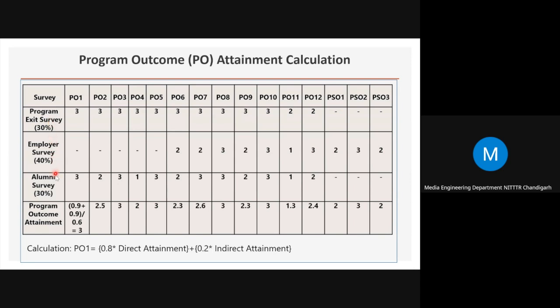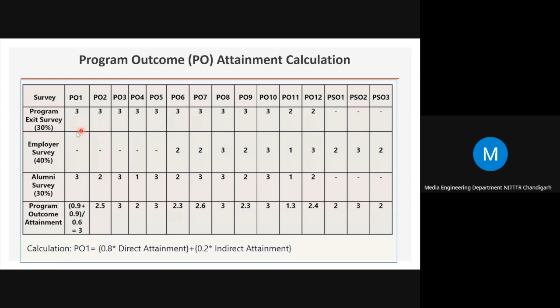So 30% plus 30% is 60%, which means 0.6. This is how we calculate the weighted average for PO1 attainment using all these 3 surveys. Because this survey is not mapped, we do not reflect its contribution in either the numerator or the denominator. So this gives us 3, right?